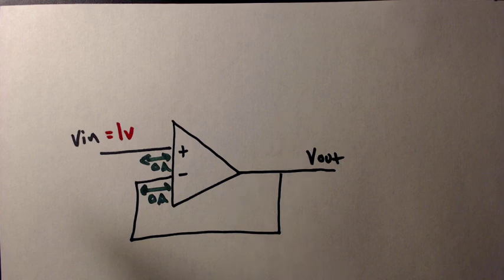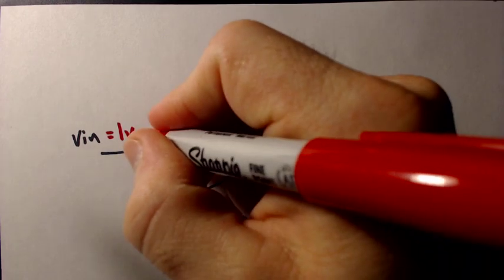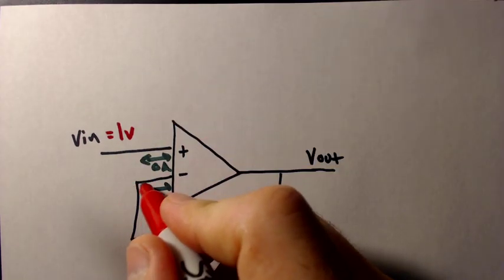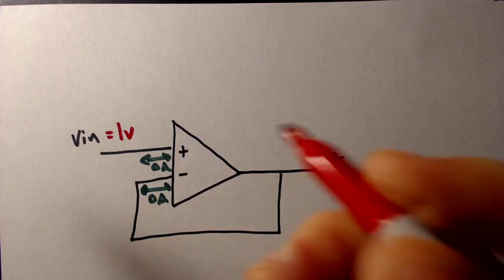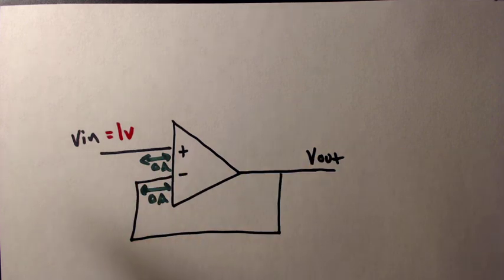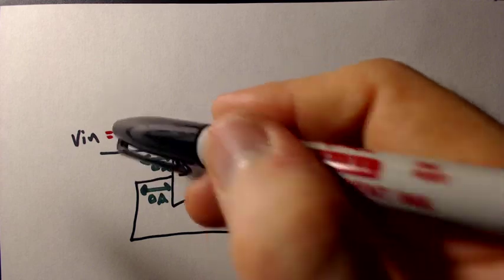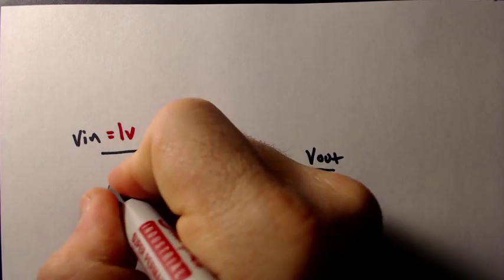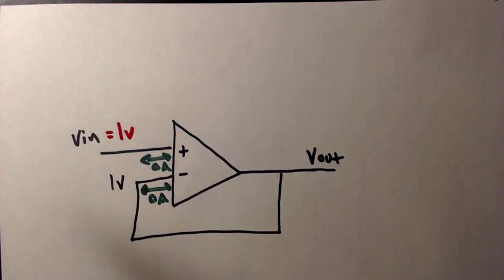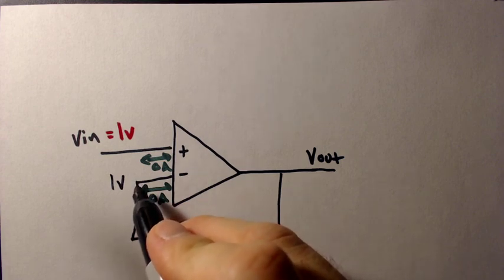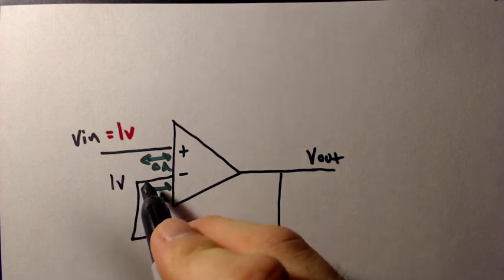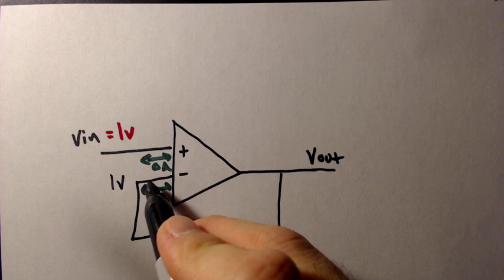So by that rule, if this is 1 volt, what do you think this has to be? Well, if this is 1 volt, I can tell you that this is also 1 volt. We have 1 volt on this wire. Why?